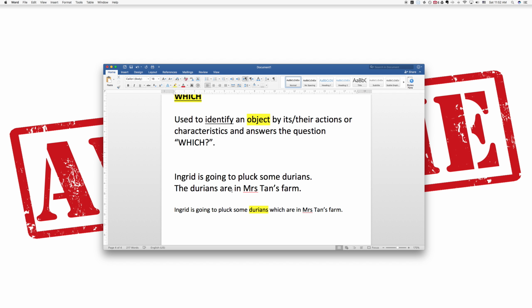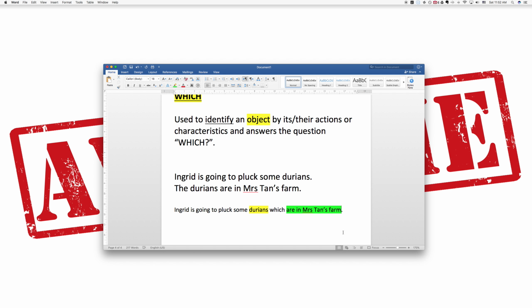Notice I have omitted this entire front part of the sentence because the durians are already represented here. So I do not want to repeat the word durians again. So Ingrid is going to pluck some durians which are in Mrs. Tan's farm. So this tells me which durians they are.